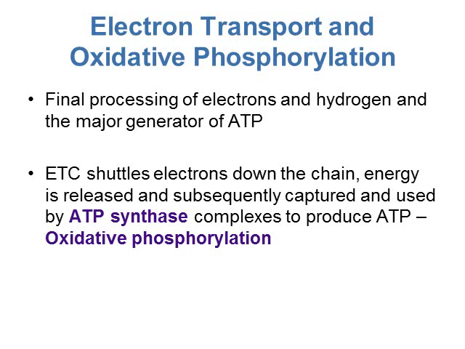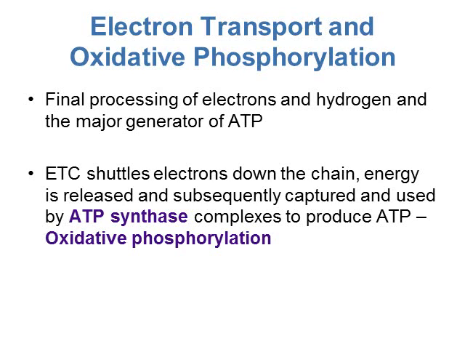Then the final part of cellular respiration is the electron transport and the oxidative phosphorylation. So this is that final processing of your electrons and hydrogens that are on your FADH2s and NADHs, and we're going to use those to create ATP.